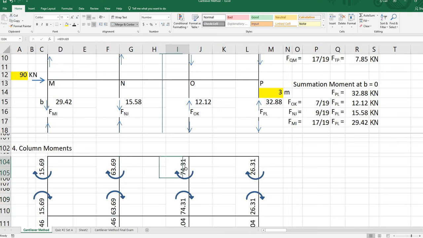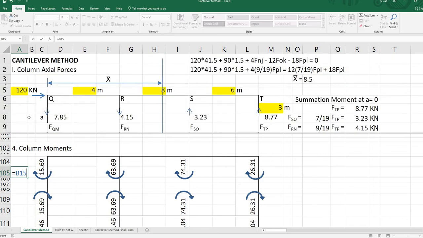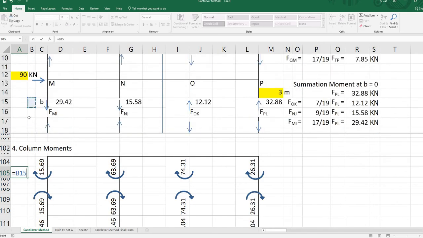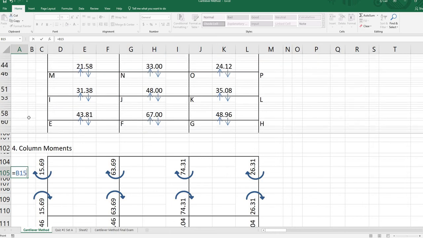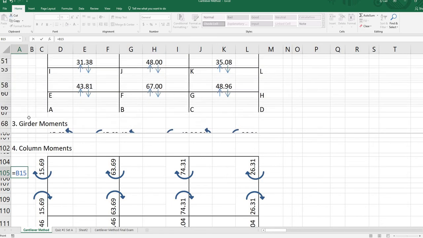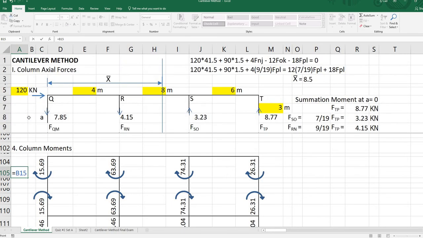Oops, wait. Try natin, this is equal to yung column shear, column axial.